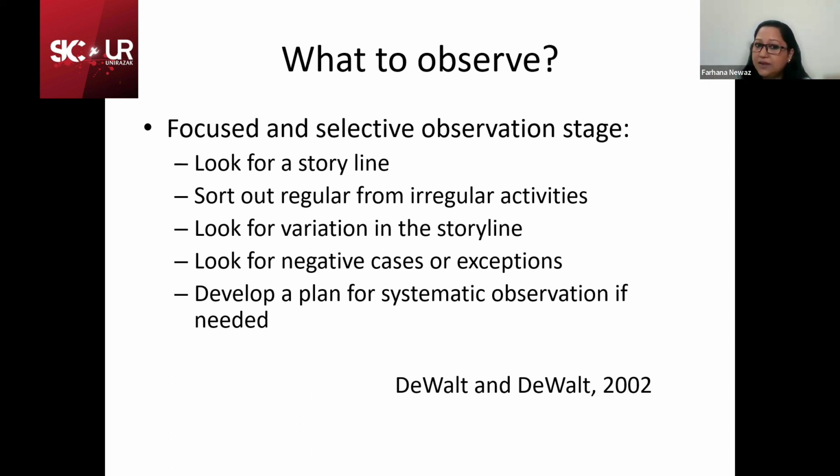If you see any variation, you need to record those activities and the differences, what you thought versus what you actually see practically. Then look for negative cases or exceptional cases, and develop a plan for systematic observation if it is needed.